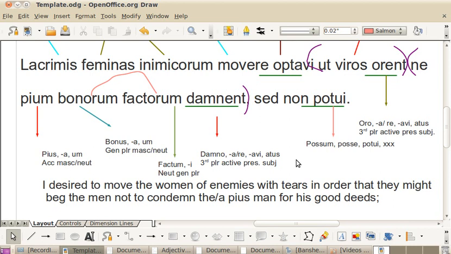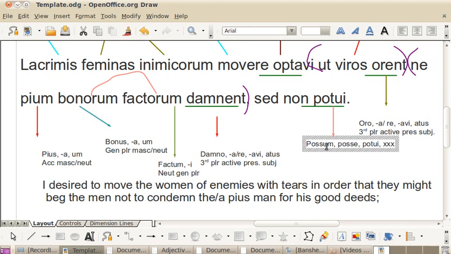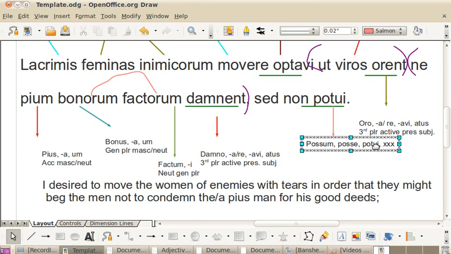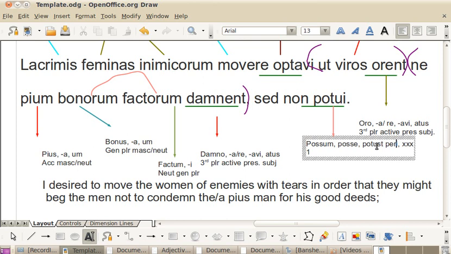It happens to be an irregular verb formed from the verb to be, sum and esse, but attached to the prefix of potentiality, pos or pot. So patui, it doesn't mean to be, it means to be able. And notice patui is exactly the form we have for the third principal part. So we could identify it immediately. The third principal part happens to be the first person singular perfect active indicative.